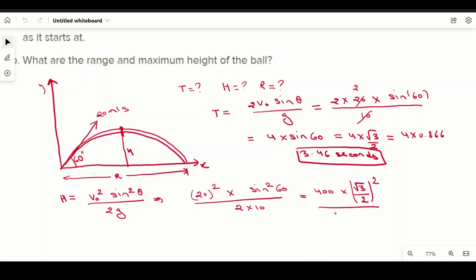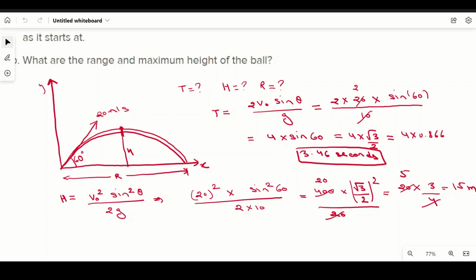This will be 20, so this will be cancelled. 20 into root 3 square is 3 and 2 square is 4. So it will be 5 into 3 is equal to 15 meter. So this is the maximum height the ball will travel.